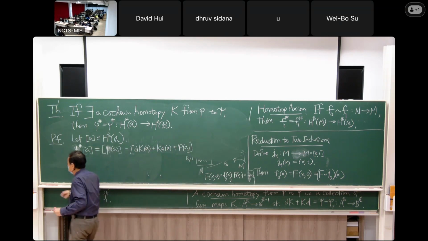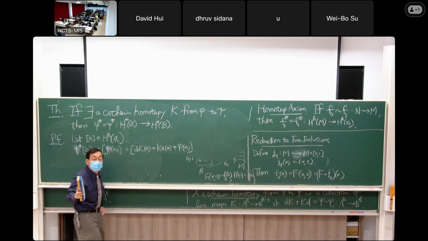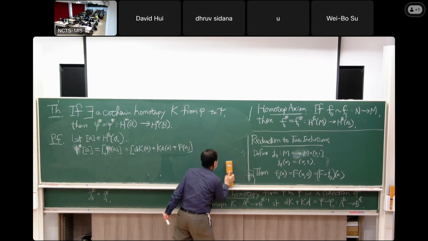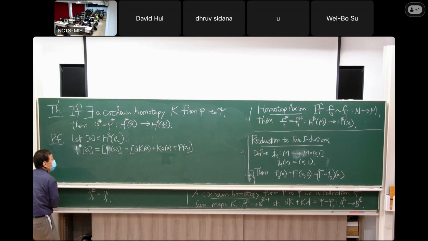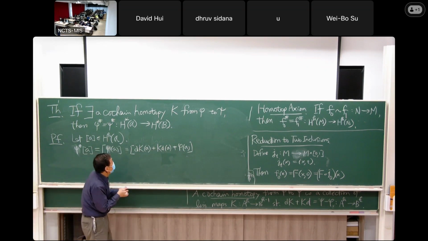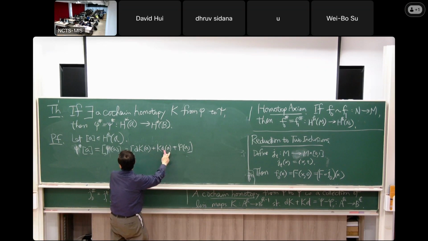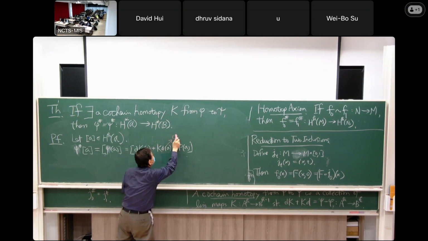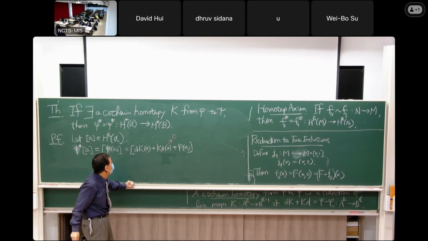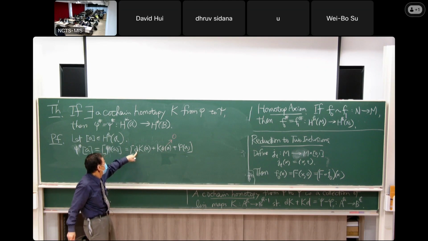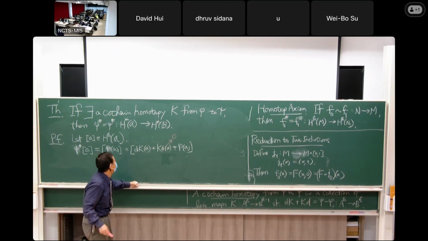Okay? Because you have a cochain homotopy between the two maps. And then you see that, because A defines a cohomology class, dA is 0. That term is 0. But the cohomology class of an exact form is 0.